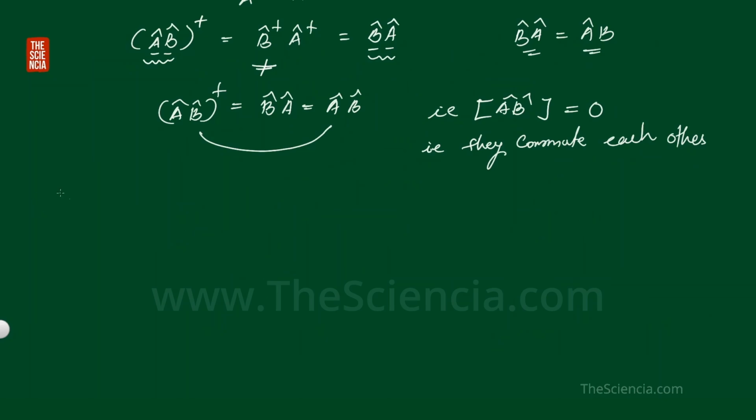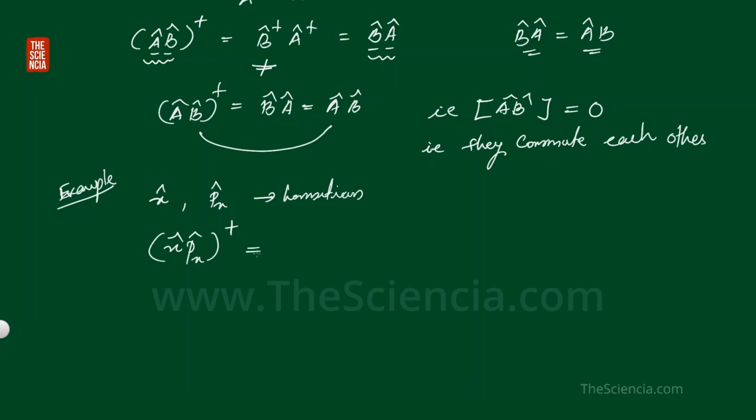And let us discuss an example. I told you all the quantum mechanical operators are Hermitian operators. So the position operator and the momentum operator are Hermitian operators. Right, now we can take its product, that is x cap p x cap, and we are checking whether the product is also a Hermitian operator.